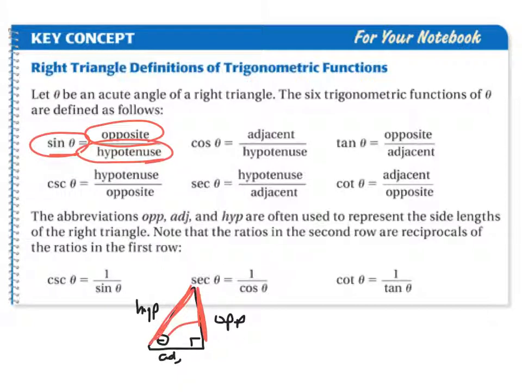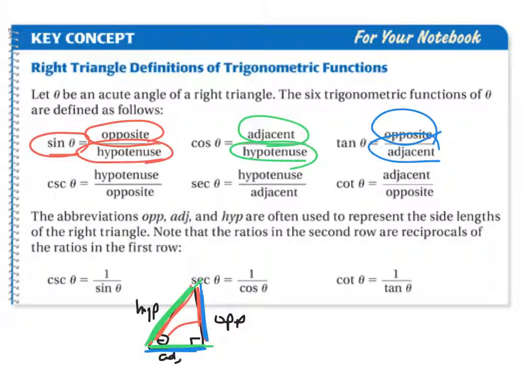Okay, cosine of theta would be the adjacent side of the triangle divided by the length of the hypotenuse. Okay, adjacent over hypotenuse. Tangent of angle theta is the measurement of the opposite side of the triangle divided by the adjacent side of the triangle.